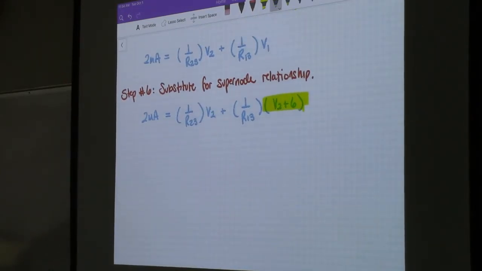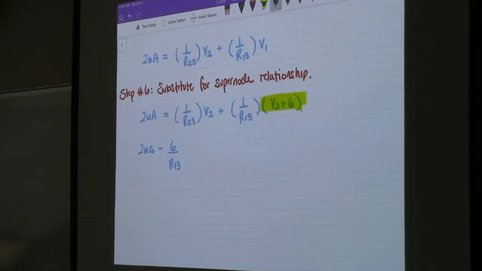What we end up with is the constants on one side. We'll have 2 milliamps minus 6 over R13, I'll pull that piece to the other side. What that leaves us with is V2 times 1 over R23 plus 1 over R13.